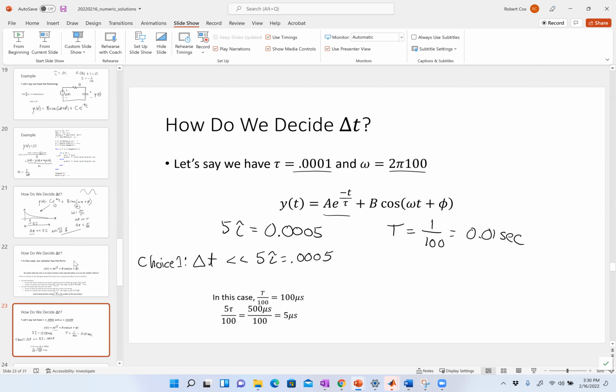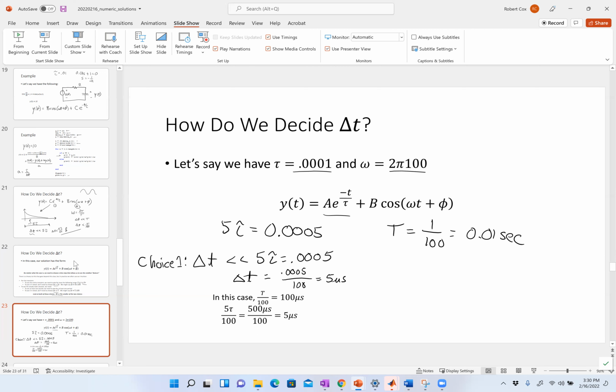And what did I say was my decision for much, much less than? Divided by 100. I wrote it down here. So 0.0005, 500 microseconds divided by 100 works out to be 5 microseconds.